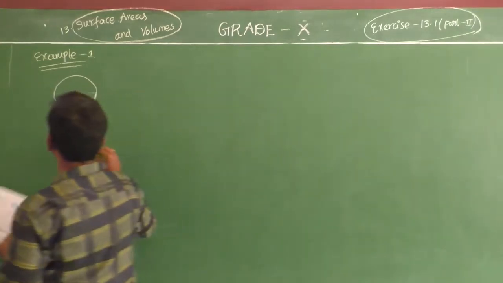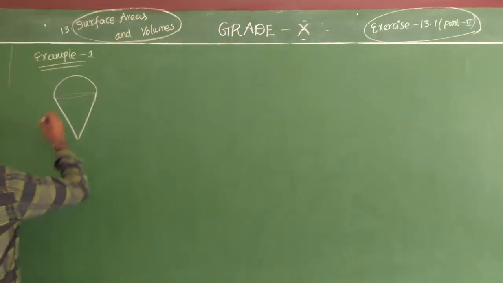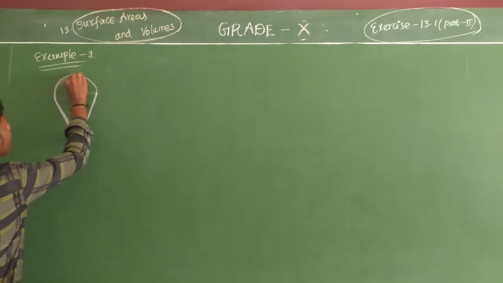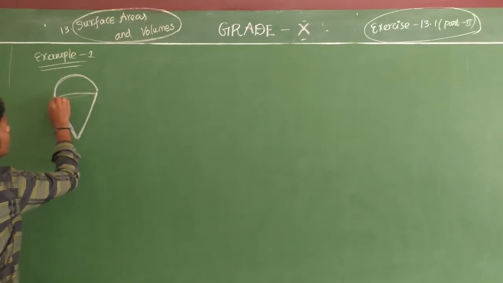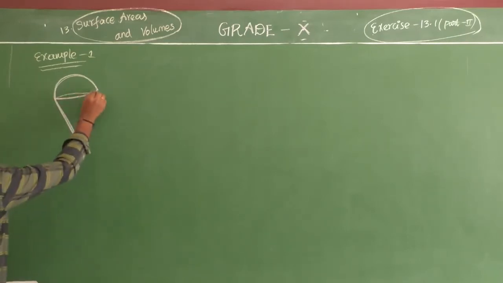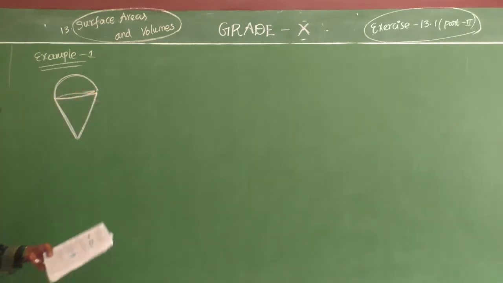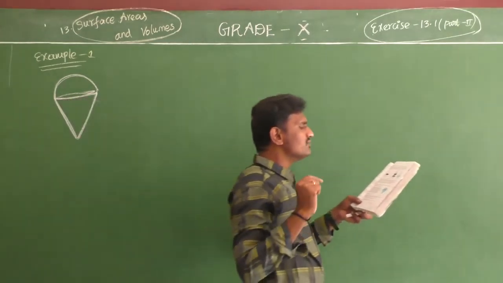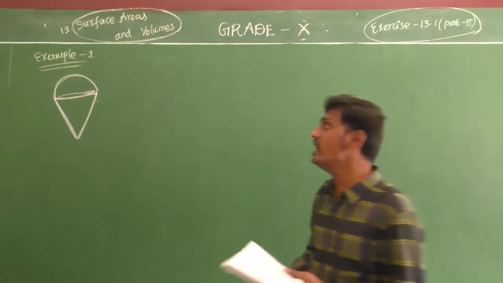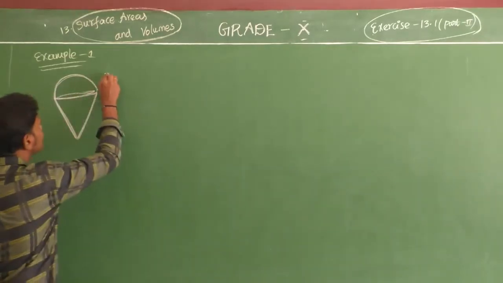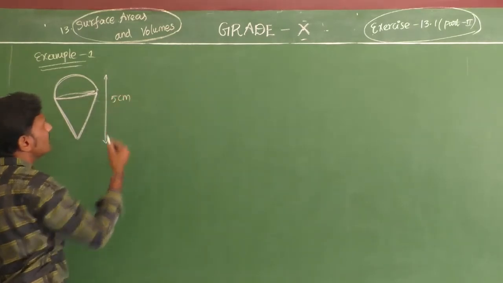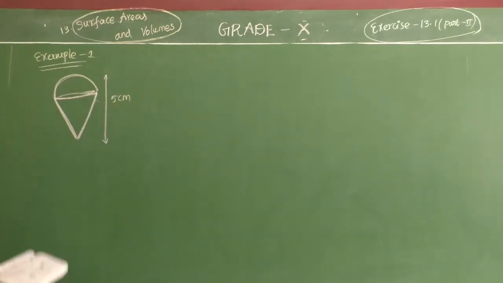So this is a cone, and this cone is surmounted by a hemisphere like this. The total height of the top was 5 centimeters. Got it, students?